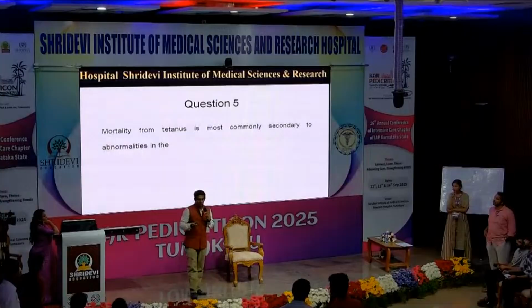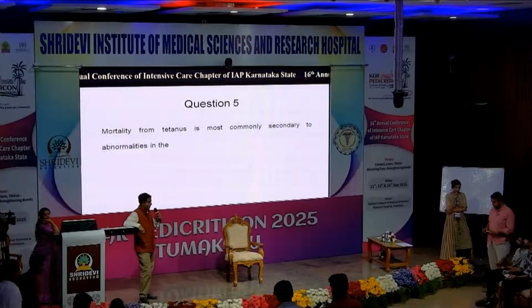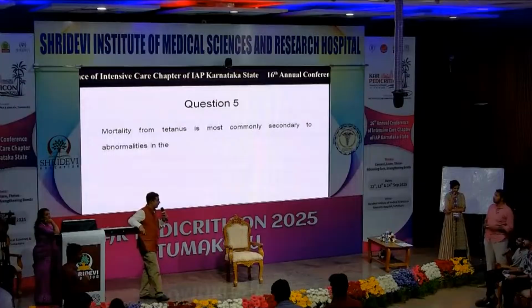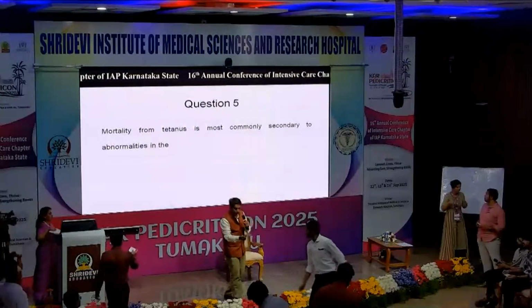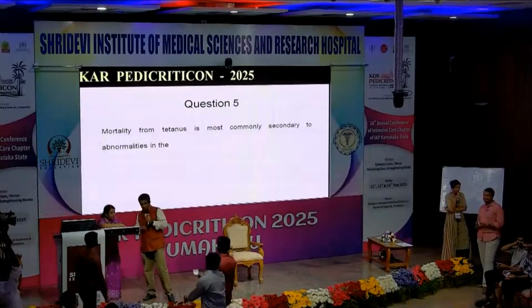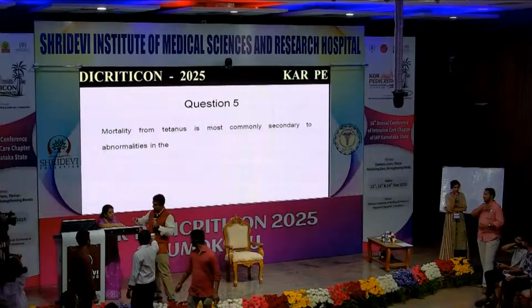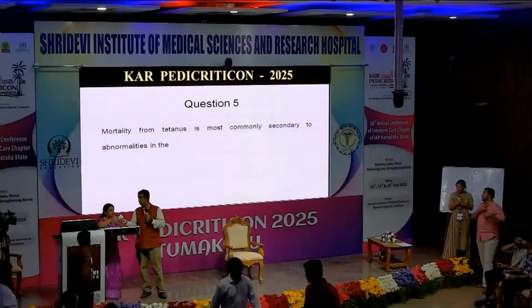Write your answer. CNS. Okay. Anybody else? Others answer. CVS. Neuromuscular, and respiratory distress. Who's written B?